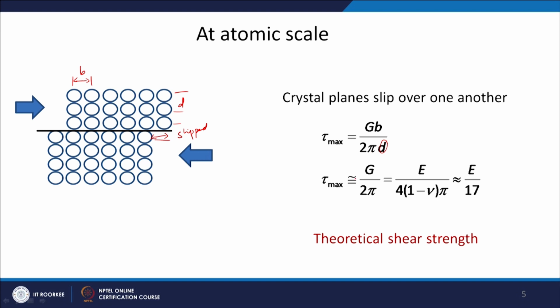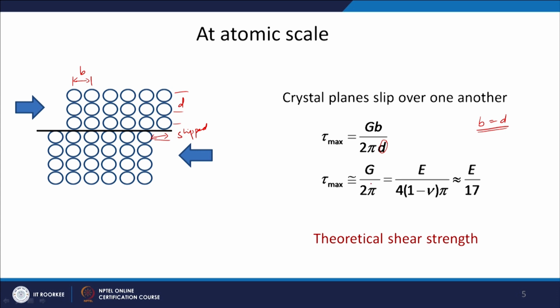Since in usually cubic material b and d are very close to each other, the values are almost in the same order of magnitude, so I can just remove that.